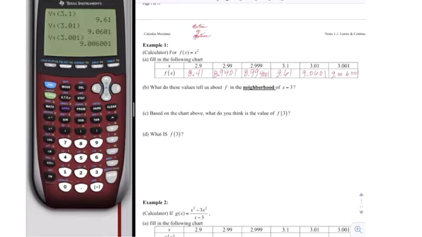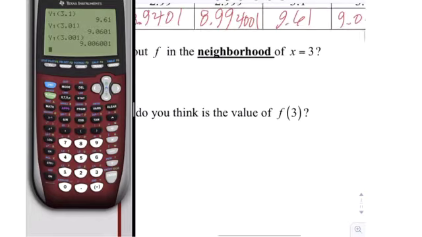So what do these values tell us about f in the neighborhood of 3? Yeah, we'll just say the y values in the neighborhood of 3. And neighborhood means on the left and the right side. Immediately to the left and immediately to the right is probably a better thing to write, but immediately is a long word, okay?